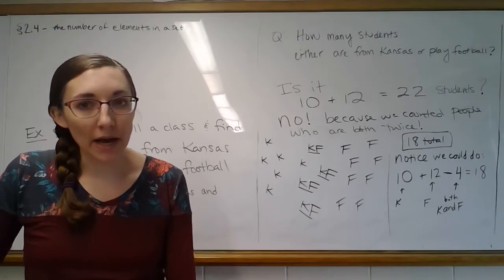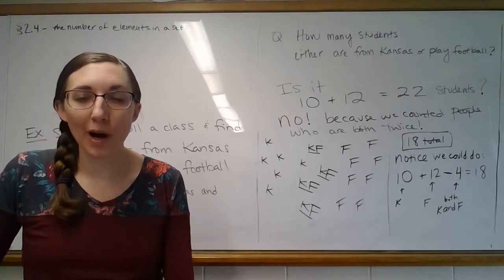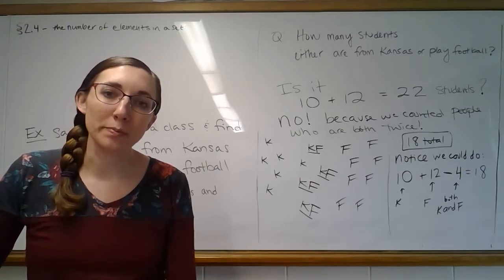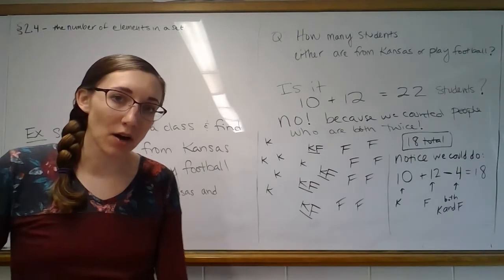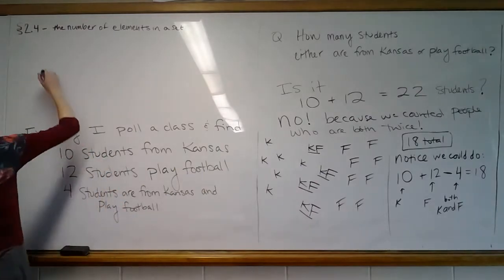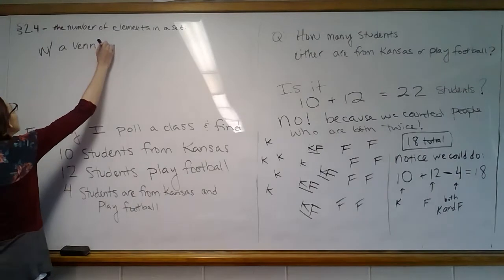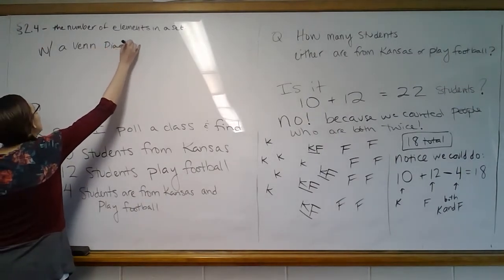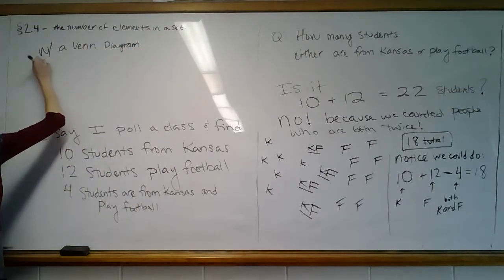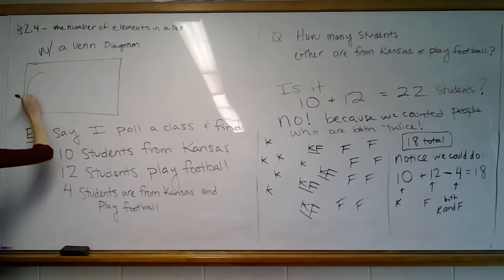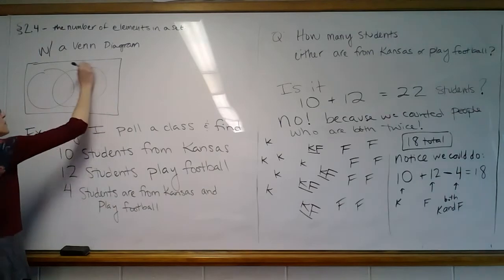Now, another way that we could do this problem is by using a Venn diagram to help us picture this scenario. So if we think about doing it with a Venn diagram, let's draw a Venn diagram for our scenario. We've got 2 different groups of people.